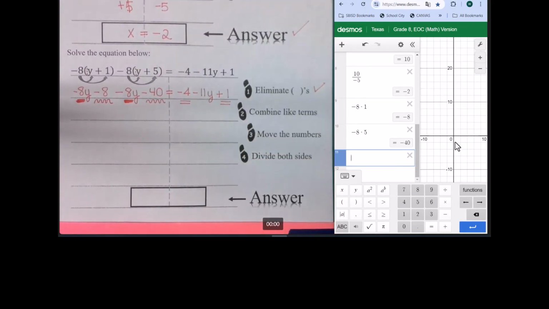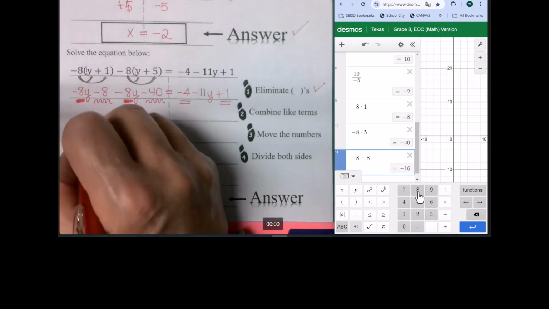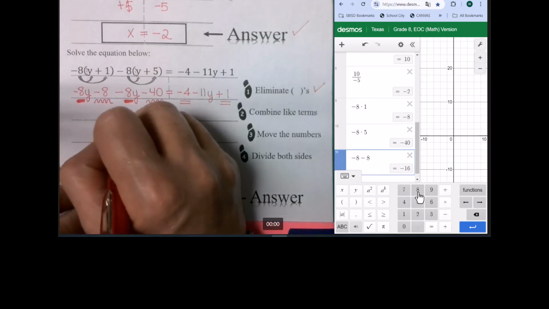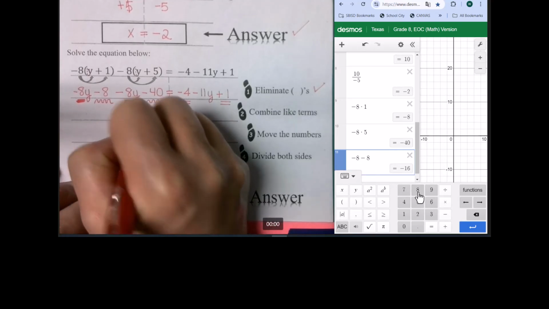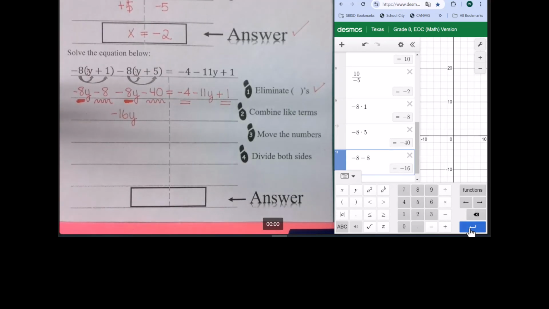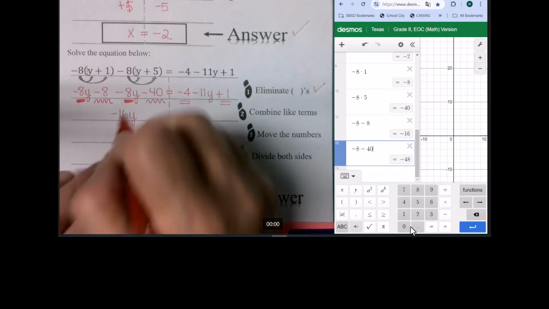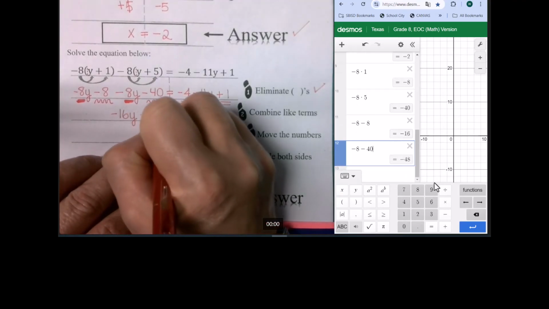Now that I have decided who I'm going to combine, I'm going to use my calculator. Negative 8, negative 8. So negative 8 minus 8 gives me negative 16y. Okay. Next one is negative 8 minus 40. So negative 8 minus 40 gives me negative 48.